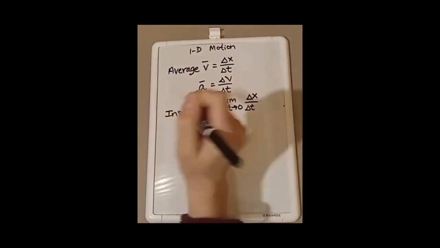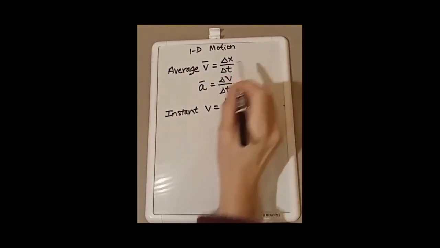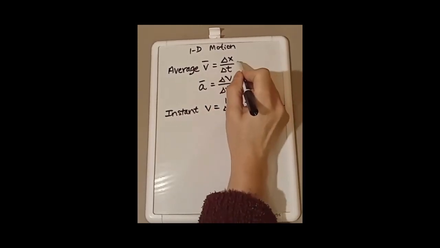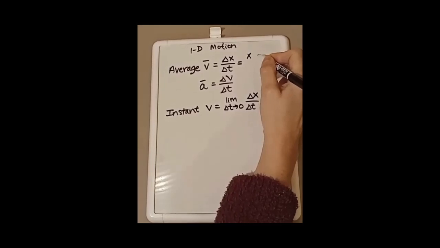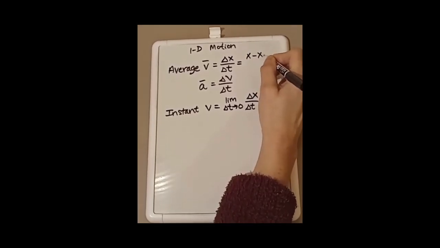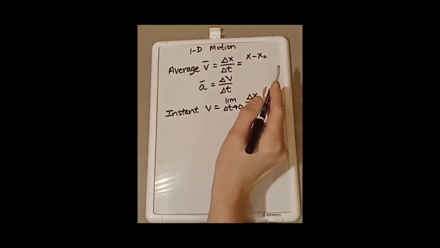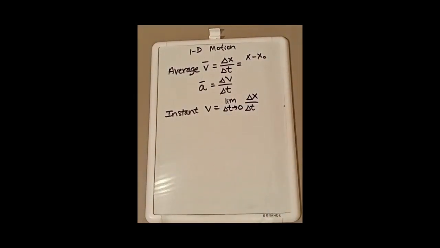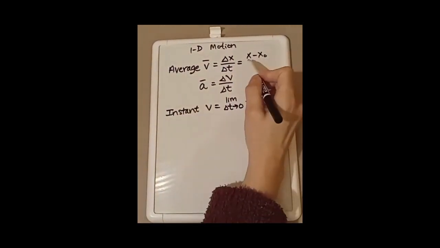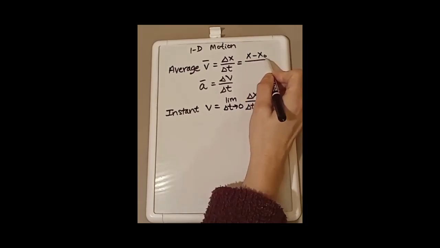So another way to write our average velocity is to go back up to this delta x over delta t. And remember, we can write that as our final position x minus our initial position x naught, which is x sub 0. I'll always say x naught, v naught, t naught, y naught. See, physics is fun.